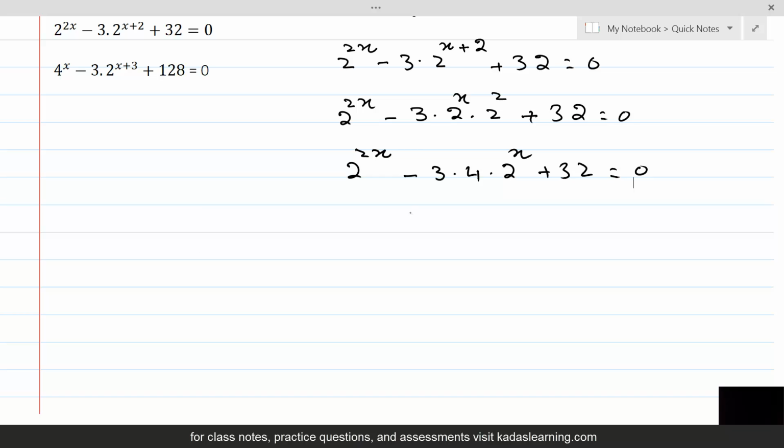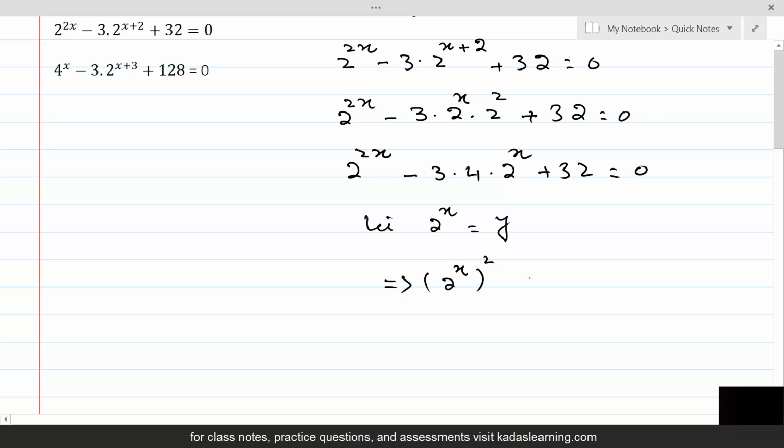Now we assume that 2 power x is equal to y. If so, then we take the square on both sides. So taking the square of 2 power x, and according to the laws of exponents, the exponents can be multiplied. This will give us 2 power 2x equal to y square.